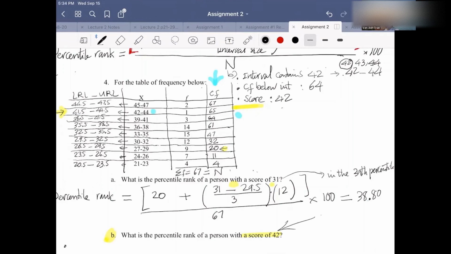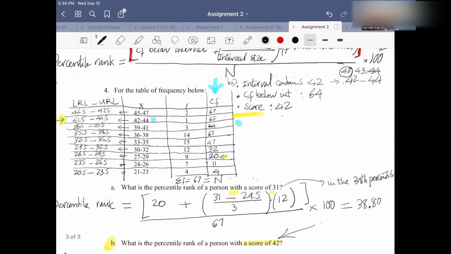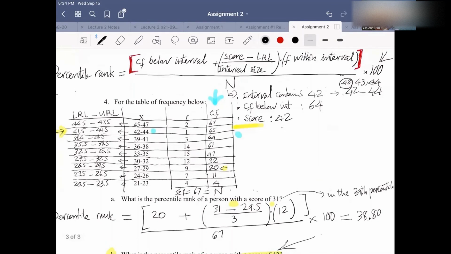Okay, good. And if you look at the formula, you also need to find the lower real limit of the interval from 42 to 44. What is the lower real limit of that interval, everyone? Can you type in the chat for me?